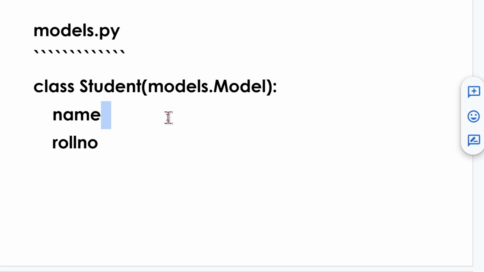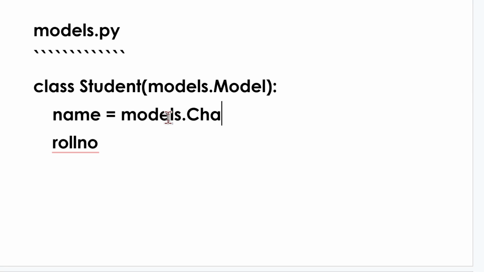Okay, so for name, what I will do, I will write here name equals to the data type of the name. So I will say here the name will be character field. So models.CharField. Okay, so whenever you are writing character field, we need to give here length.